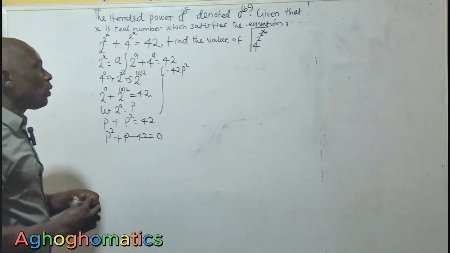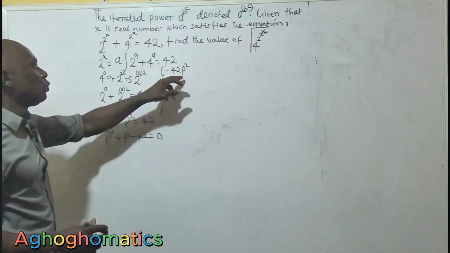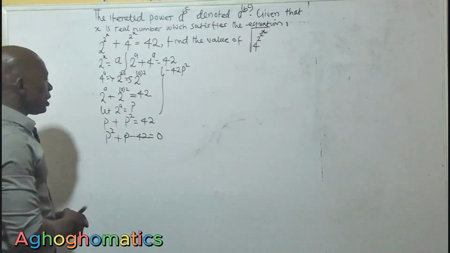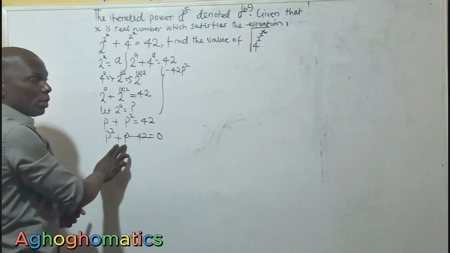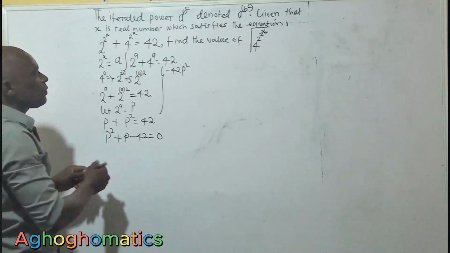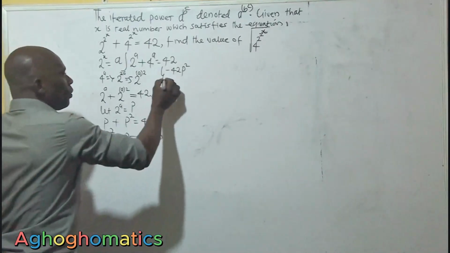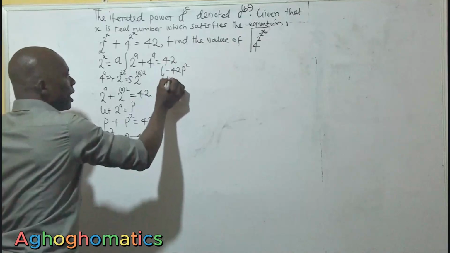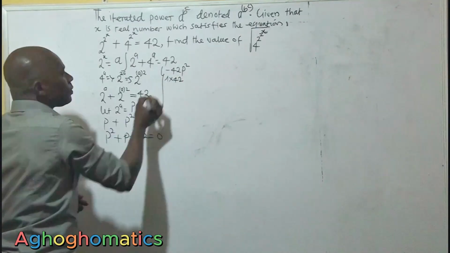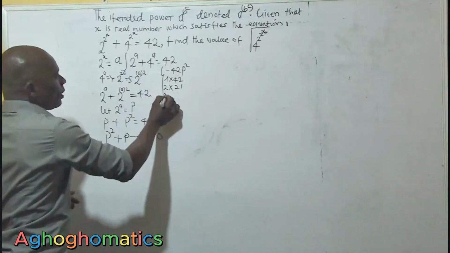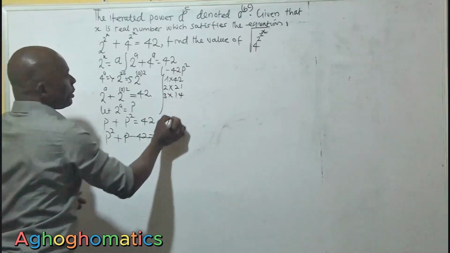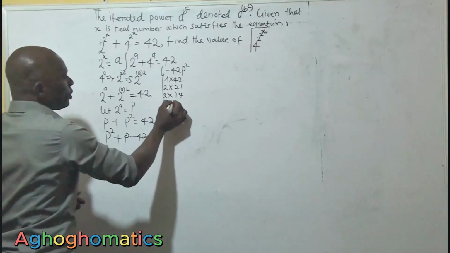Then we look for all the factors of minus 42 p square, the ones that if we add or subtract them, will give p. So let's find all the factors of 42. One of the factors is 1 times 42, 2 times 21, 3 times 14, and 6 multiply 7.